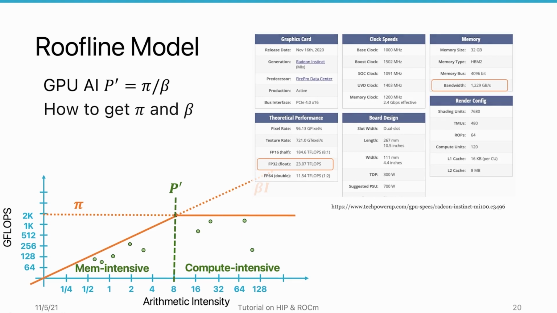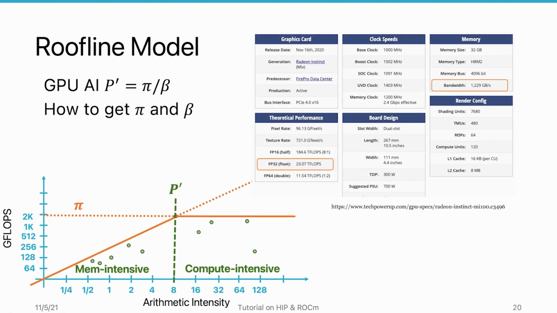For the memory bandwidth and throughput, you can look up the datasheet or find the specs of the particular GPU that you are using. For example, for this MI100 GPU, we can easily find the single precision floating point throughput to be 23.07 teraflops per second and the memory bandwidth to be 1229 GB per second.